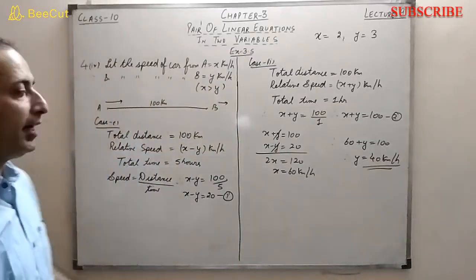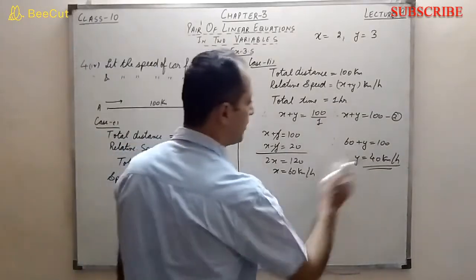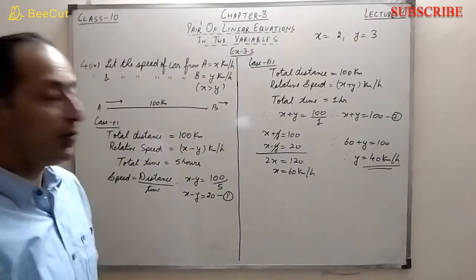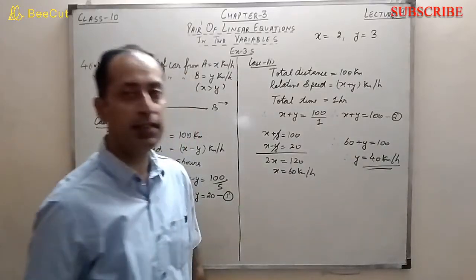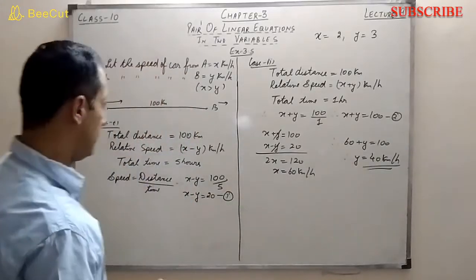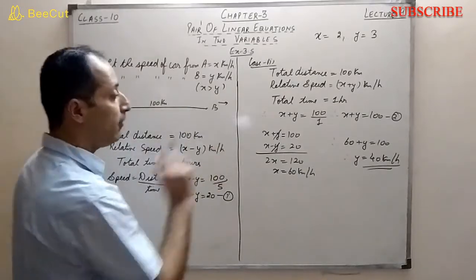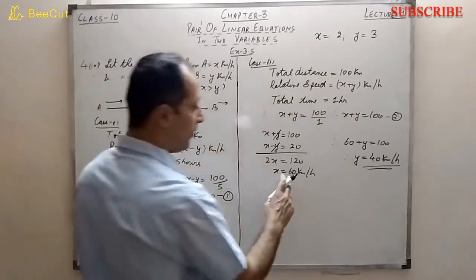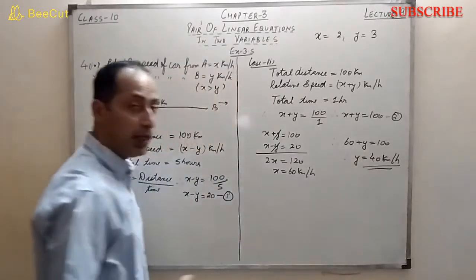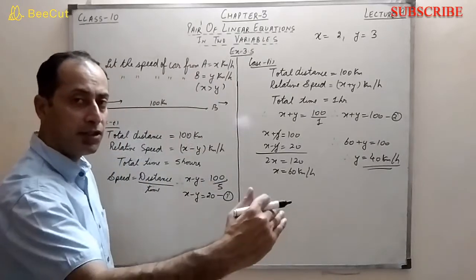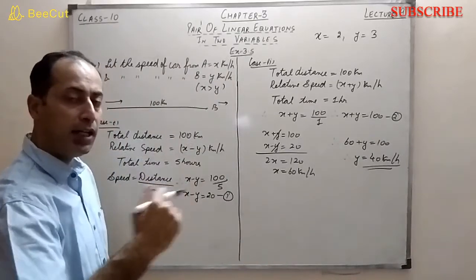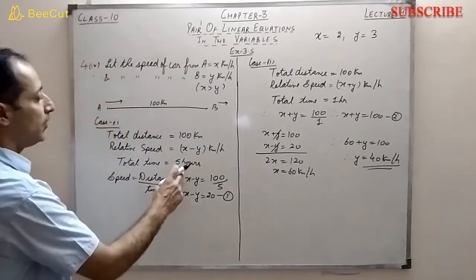Right, now let's verify. When they are moving in the same direction, the relative speed would be 60 minus 40, that is 20 km per hour. The total distance that they have to cover is 100. Now 100 by 20, how did we get 20? This is 60 minus 40, the relative speed. So 100 upon 20, I get 5, which is given to me as 5 hours.